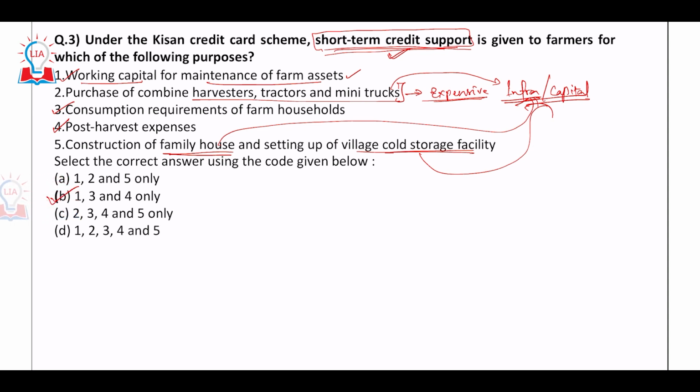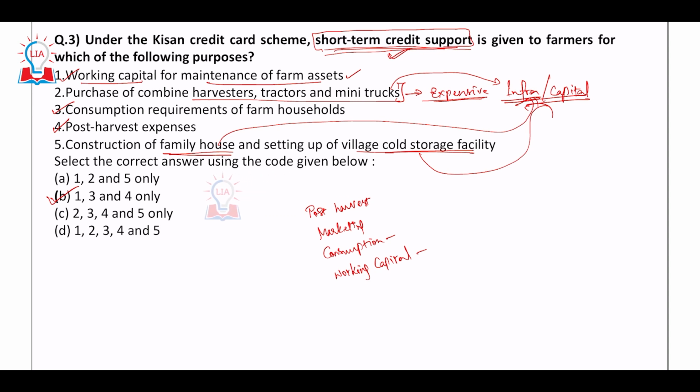So what are KCC loans given for? They are given for short-term credit requirements. So post-harvest expenses, then marketing, right? Consumption requirements, probably for buying fertilizers, chemicals, seeds, right? Maintenance of the working capital needs, to pay the labor or to maintain certain activities like dairy animals, inland fishery.